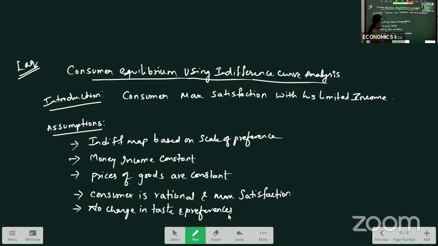Now, how will we explain this law? The consumer tries to get the maximum satisfaction with his limited money. So to explain consumer equilibrium, there are two conditions of the law. What are the two conditions?